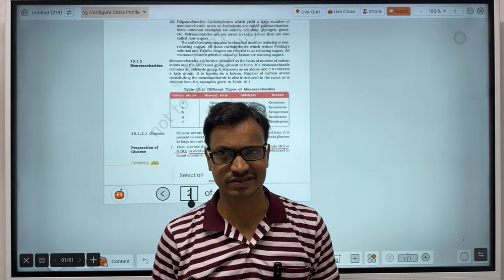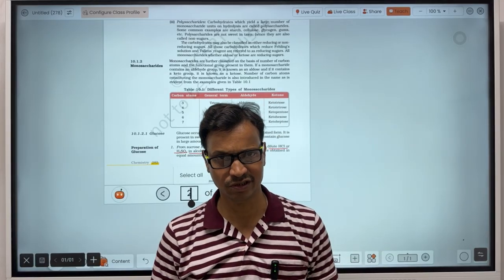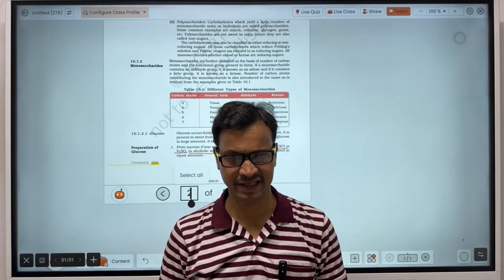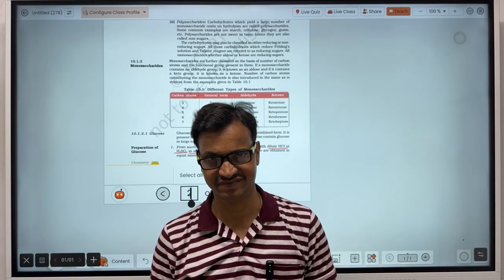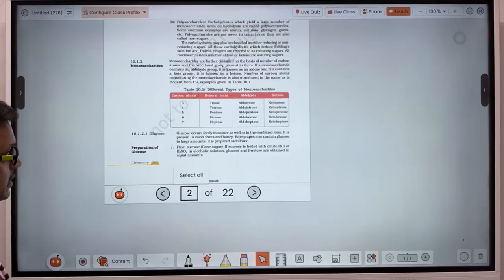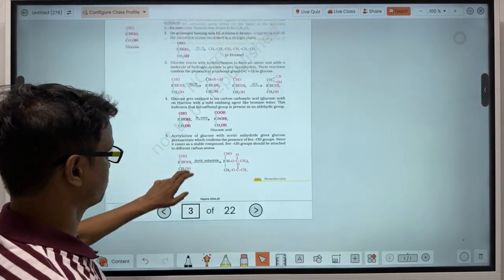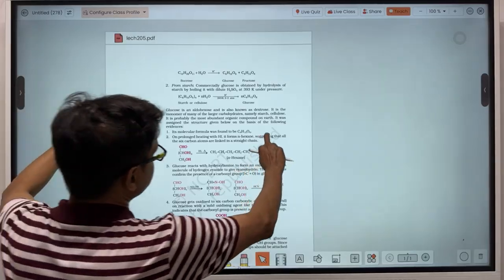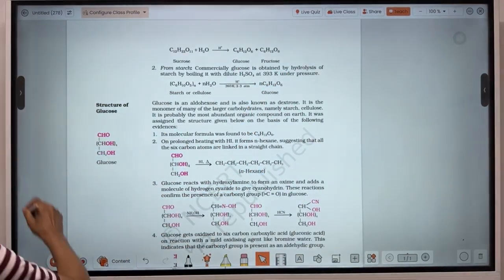So you take alcohol, water and a small amount of HCl or H2SO4. When you hydrolyze, glucose and fructose are formed, and you can separate the glucose from the fructose.